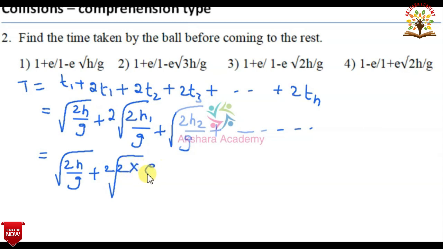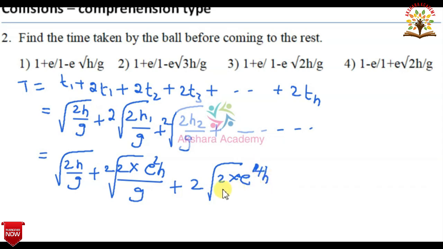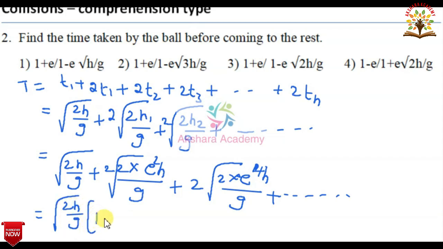Next, root of 2h by g plus 2 root of 2 into, what is the h1 formula, e square h by g plus 2 root of 2 into e power 4 into h by g plus and so on, that is equal to, taking root of 2h by g common, the remaining equation is 1 plus 2e plus 2e square plus 2e cube plus 2e power 4 plus and so on.